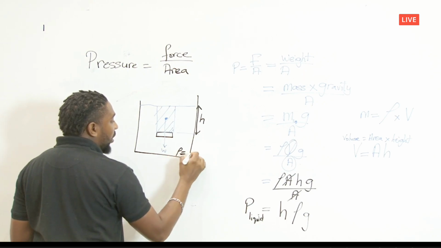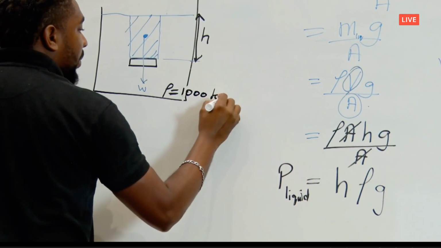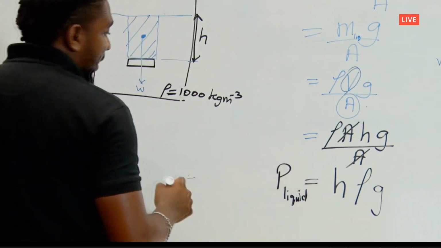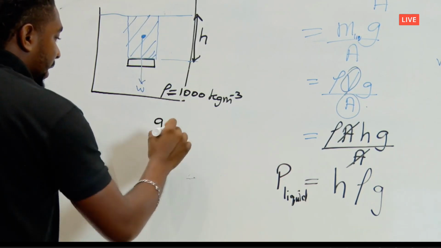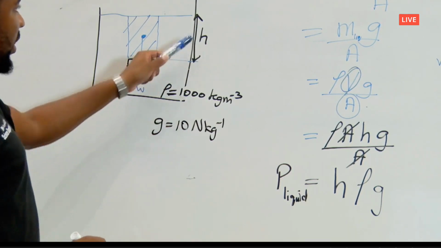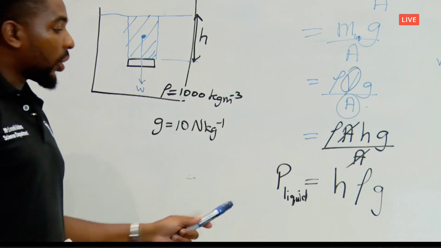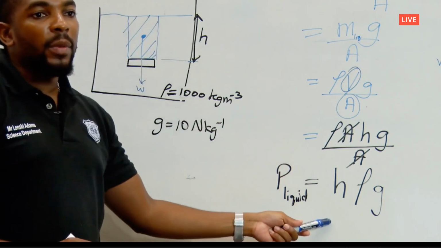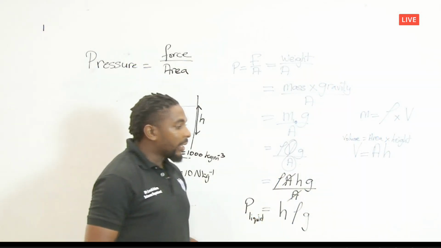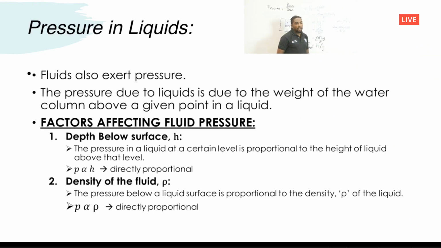Rho, we can determine what the density of the liquid is. Let's say if it is water, we know that the density of water is actually a constant value of 1,000 kilograms per meter cubed. And gravity is a constant value of, well, at CSEC level we use 10 newtons per kilogram. Good? So we can find H, we know rho, and we know g. So that is how we use the formula for finding pressure in liquids.